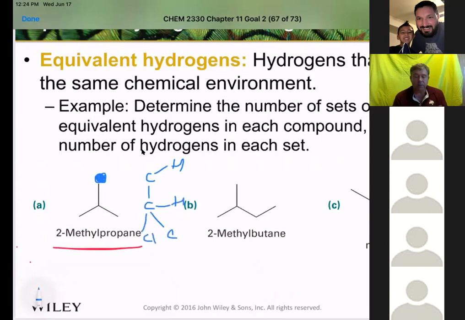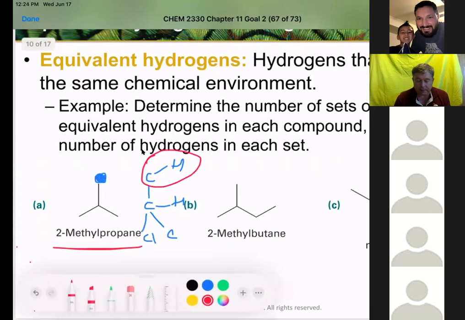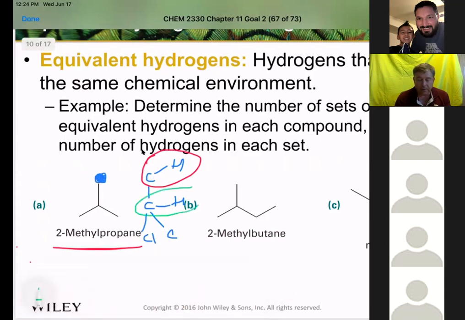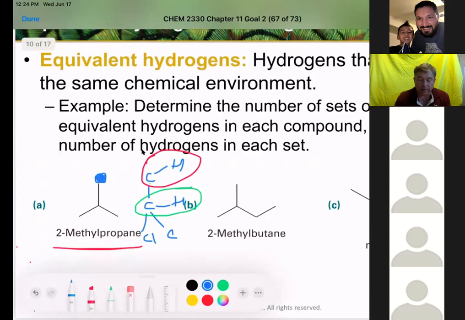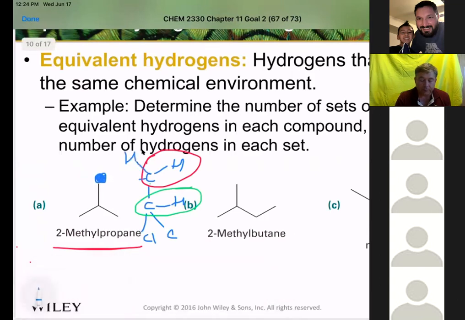Okay. So this hydrogen here is different than this hydrogen because this hydrogen is bonded to a carbon with 3 other carbons to it. This hydrogen is bonded to a carbon with, sorry, 2 other hydrogens.